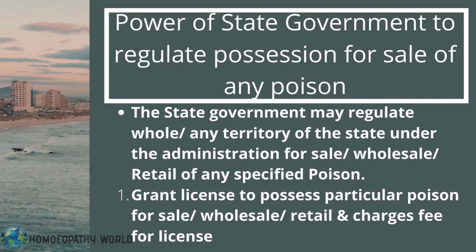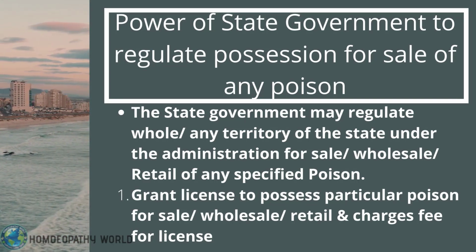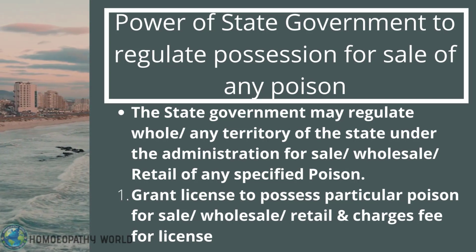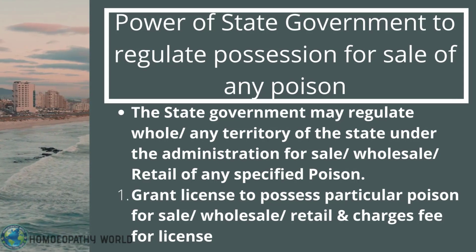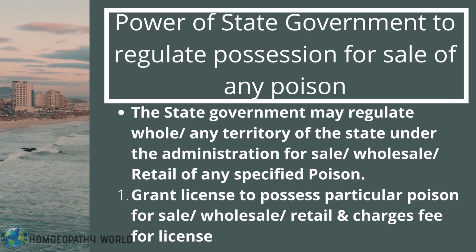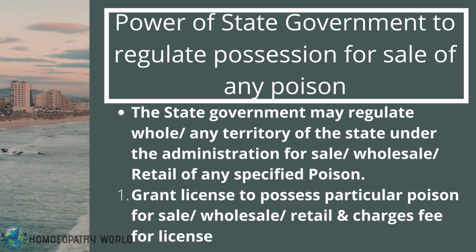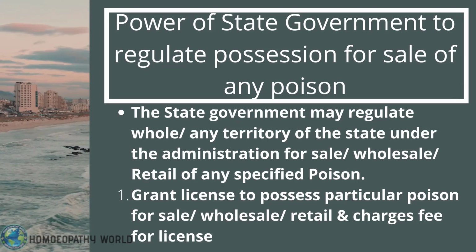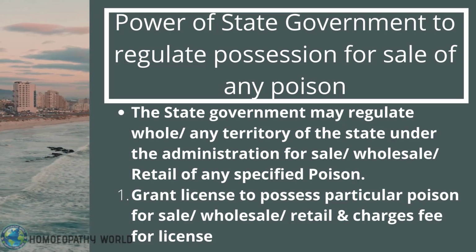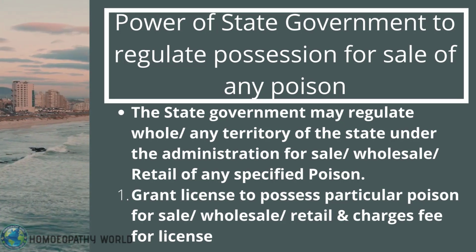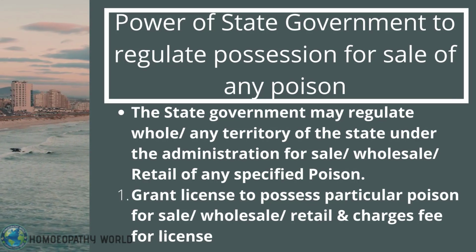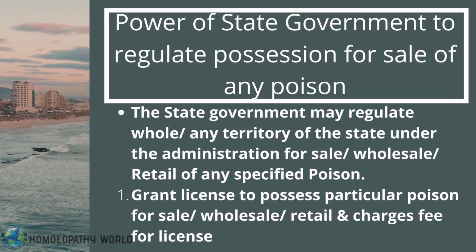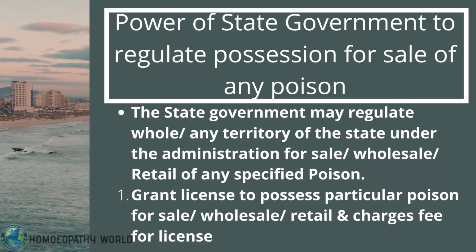Firstly, it can grant a license to possess a particular poison for sale, wholesale or retail and charge a fee for the license. So suppose a person wants to sell, wholesale or retail a poison, the state government can grant that particular license to any kind of person. Now this particular license has fees, so the state government charges a particular amount for this license.